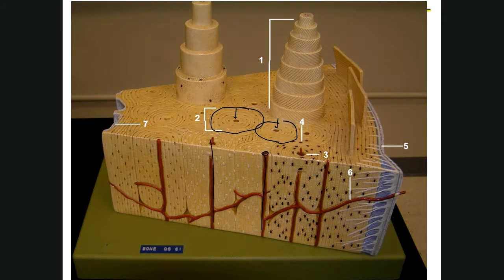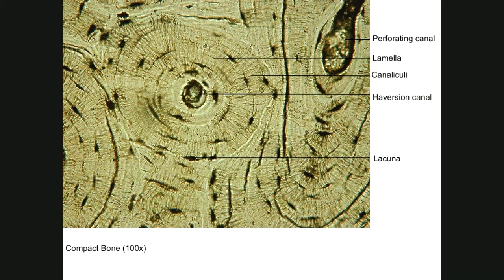And the central canals run up and down the bone. But there are also canals that run this way. Look, they run across, and they connect the blood vessels to each other. These are called perforating canals. So there's our central canal, and here's our lamellae that we just talked about. They look like the rings of a tree.